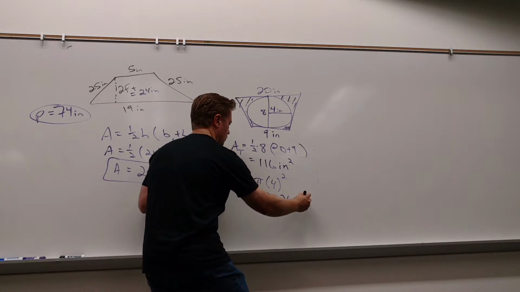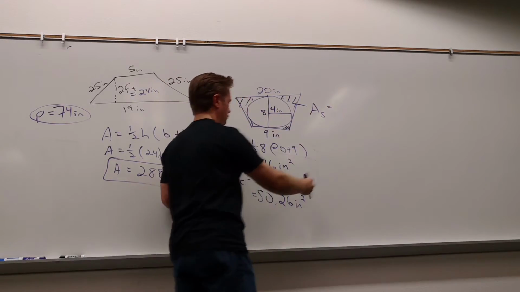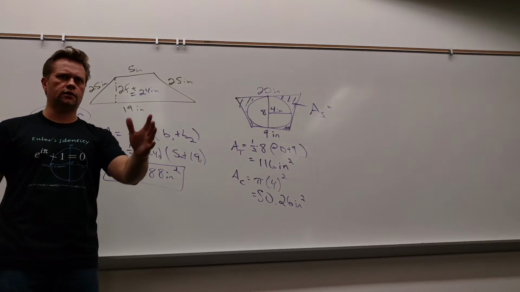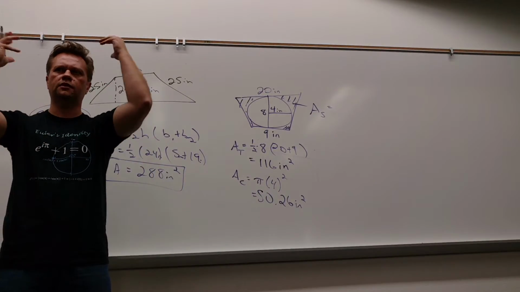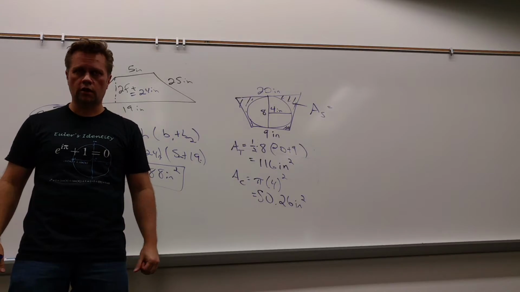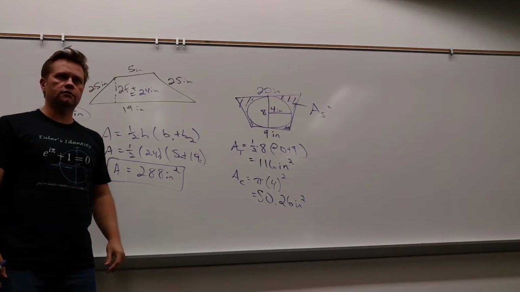So then the area of the shaded part will just be the difference in those two, right? You cut that piece out. Those parts are just subtraction. So the answer is 65.74.